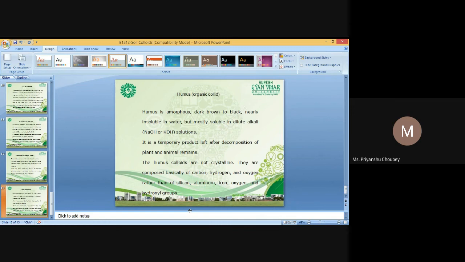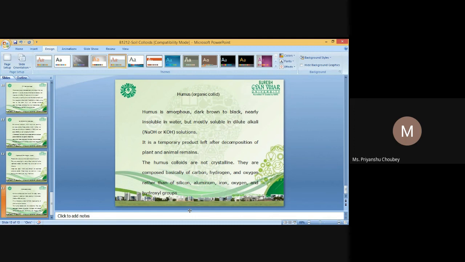Coefficient of linear extensibility, COLE: the ratio of the difference between the moist length at 33 kPa moisture or field capacity and the dry length, to its dry length.